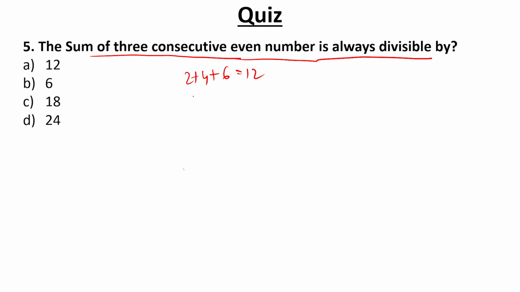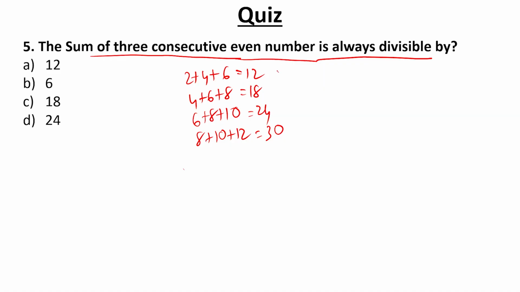Another one, 4 plus 6 plus 8: 6 plus 8 is 14, plus 4 is 18. Then 6 plus 8 plus 10: 18 plus 6 is 24. Then 8 plus 10 plus 12 is 30. Okay, we got it.